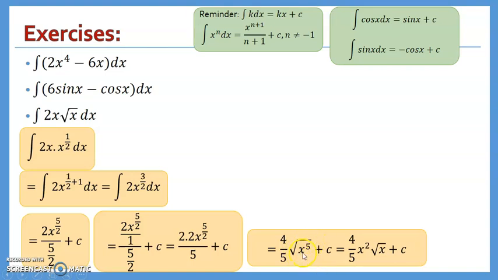You can view x power 5 as x times x squared times x squared, and each x squared gets an x outside the radical, so you get x squared radical x. Or you can see it as x times x power 4, and then x power 4 gets x squared outside the radical, and you also get this form.